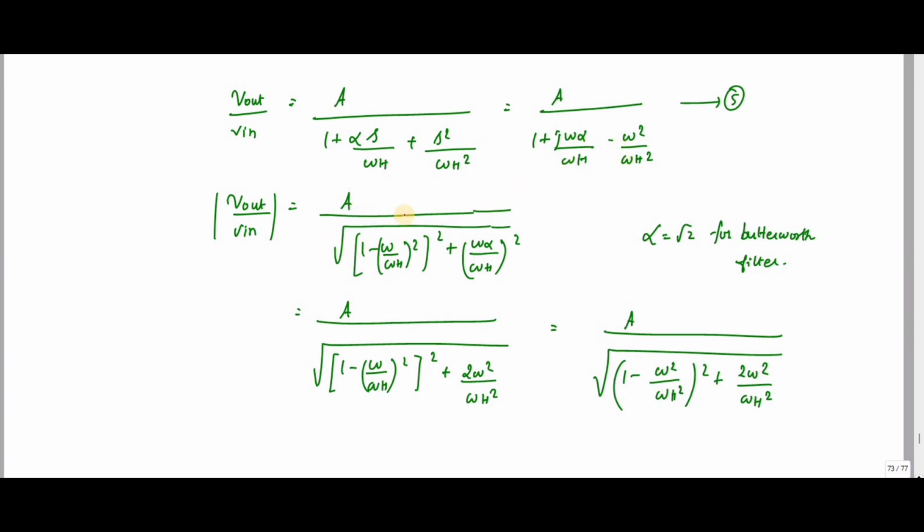So if I take the modulus, I will get the root of (1 minus omega divided by omega h) the whole square, plus (omega alpha divided by omega h) the whole square. Here, since the alpha value is root 2 for a Butterworth filter, if I substitute and take the whole square, I will get 2 omega square divided by omega h square.